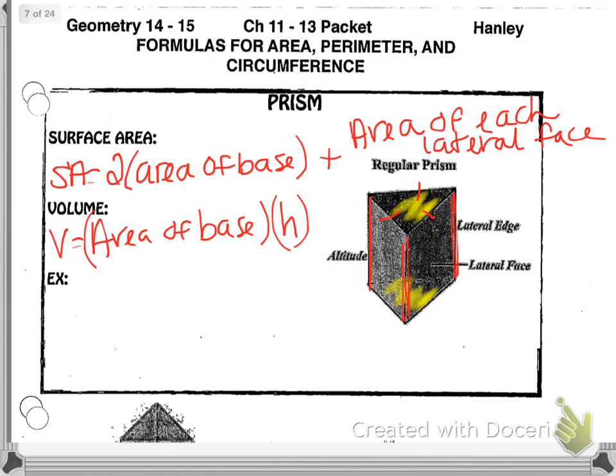So let's make up an example here. Let's say my altitude is 12, and I have one side that's 10, another that's 10, and I know that coming straight down here, that piece is going to be 5. If I say this is an equilateral triangle, that can be 5.